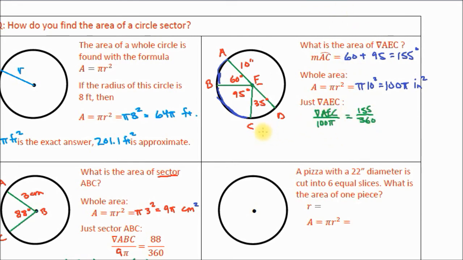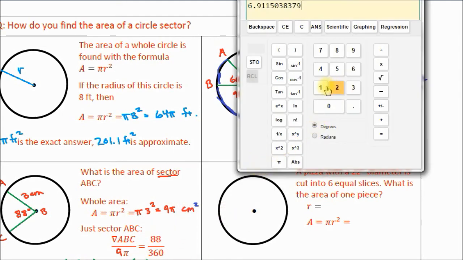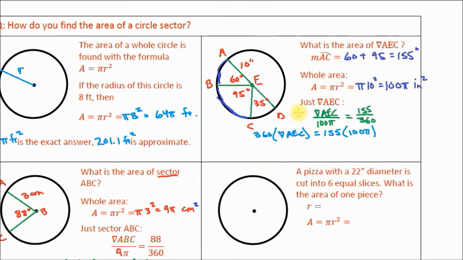Now let's go ahead and use our rules of proportions. Cross multiply. We've got 360 times sector AEC is equal to 155 times 100 pi. Let's go ahead and simplify this. 155 times 100 equals 15,500.